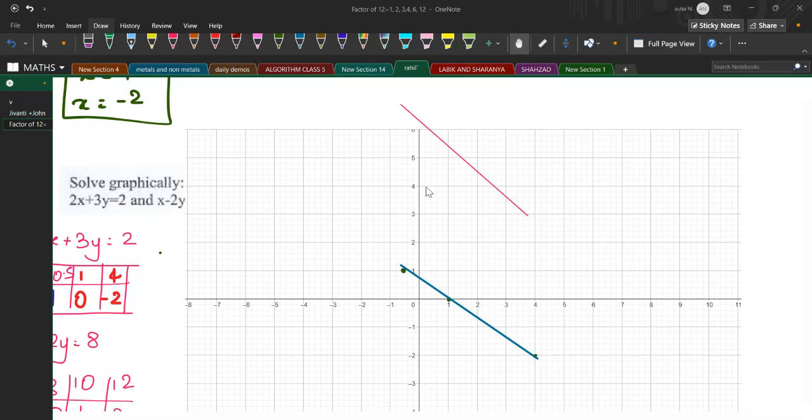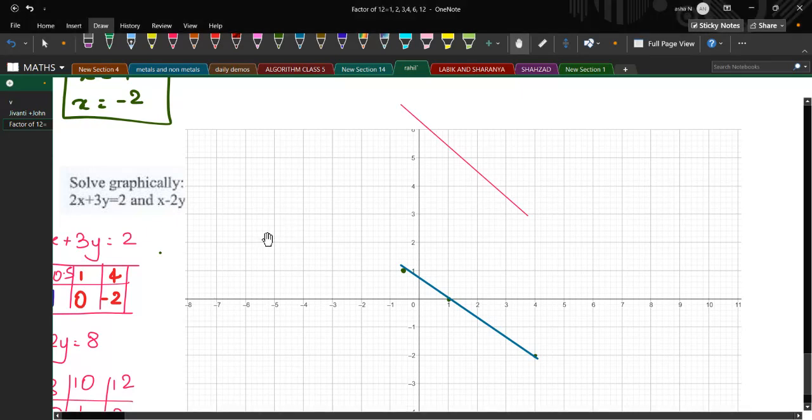Let's do it in the Cartesian plane only. This printed one is not good for me. Let us do it in the Cartesian plane, that would be much better so that I can scroll. Okay, let us plot all the points which we got here.